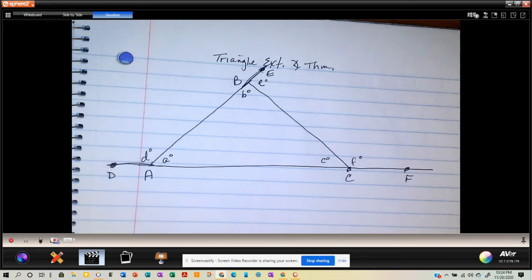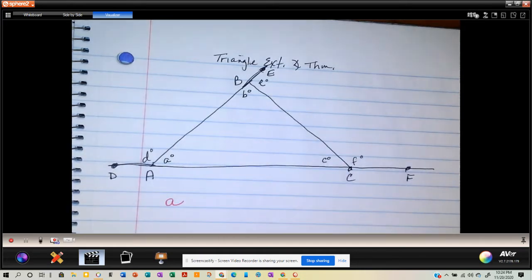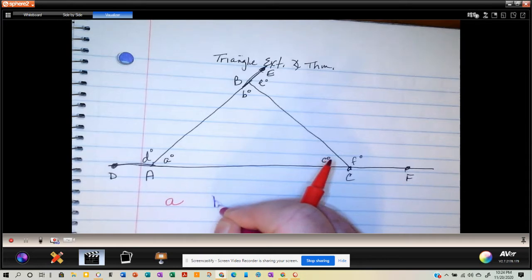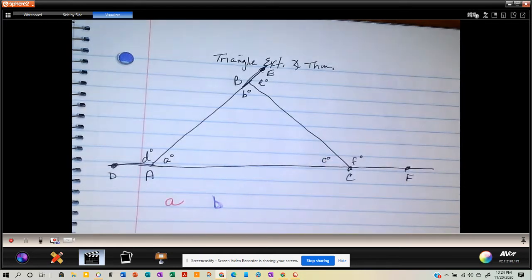We learned last unit that if I added A and B, and magenta is running out. Let's see, green is green.